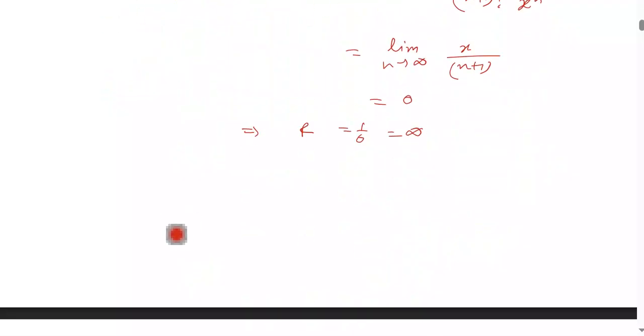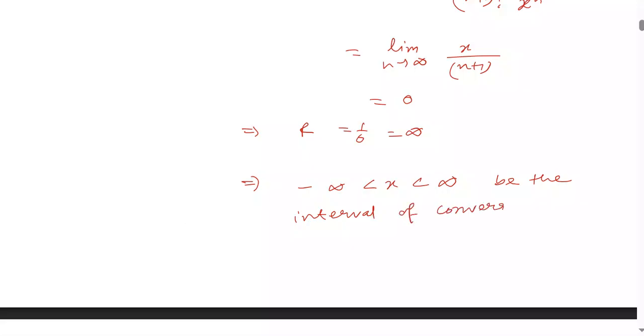Okay. From here, what you can say, minus infinity less than x less than infinity is the interval of convergence for the given power series. Fine. This one done.